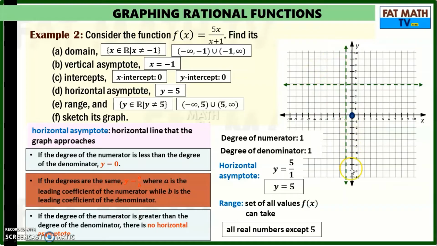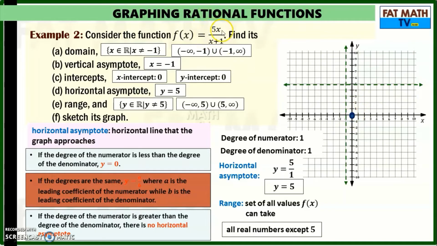How will you get that? Of course, by giving values. You get values of x. Let's say give a value of x equals 1, x equals 2, x equals 3, and so on. And you have to connect the points. Or you can simply use a graphing app on your cell phone or laptop.